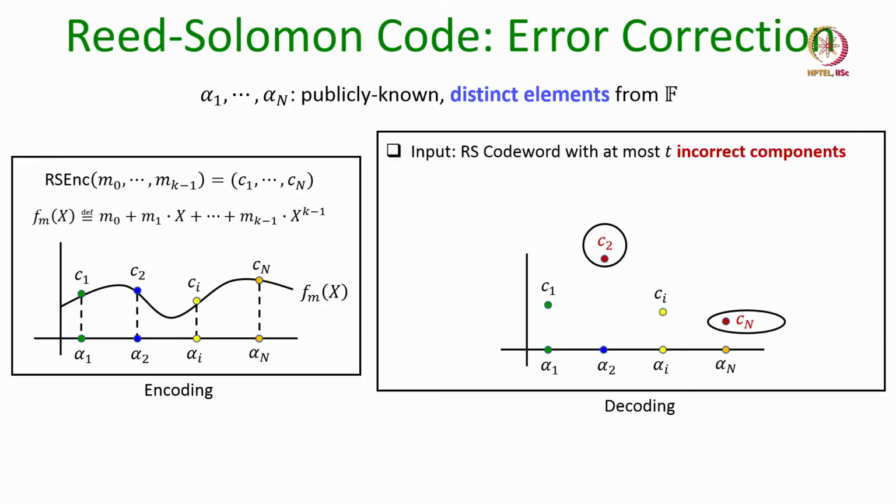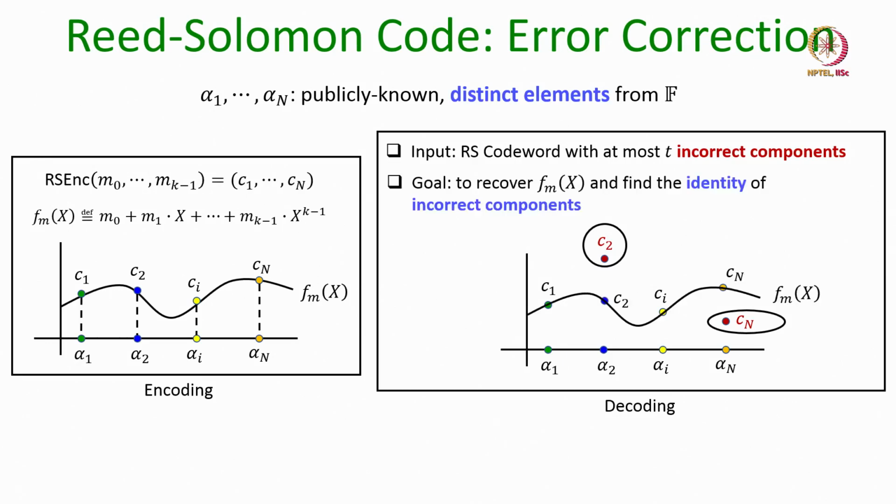And we had also discussed the Reed-Solomon error correction property in some previous lecture. Imagine there is a Reed-Solomon codeword corresponding to some message, which is computed and communicated to the receiver, and suppose some of the components get changed. The goal for the receiver is to recover the sender's message. For that it is sufficient to recover the sender's polynomial, even if some of the components got corrupt, where the identity of those incorrect components will not be known.